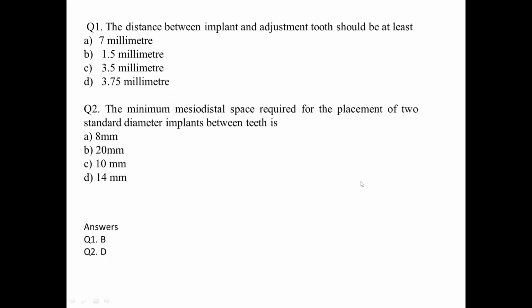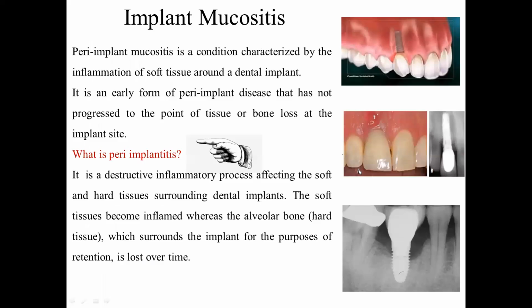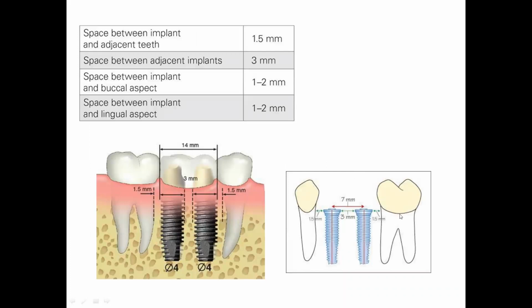The distance between an implant and adjacent tooth should be, I told you, the distance between an implant and the adjacent natural tooth has to be what? Let's go and see. If you don't remember, what is this?